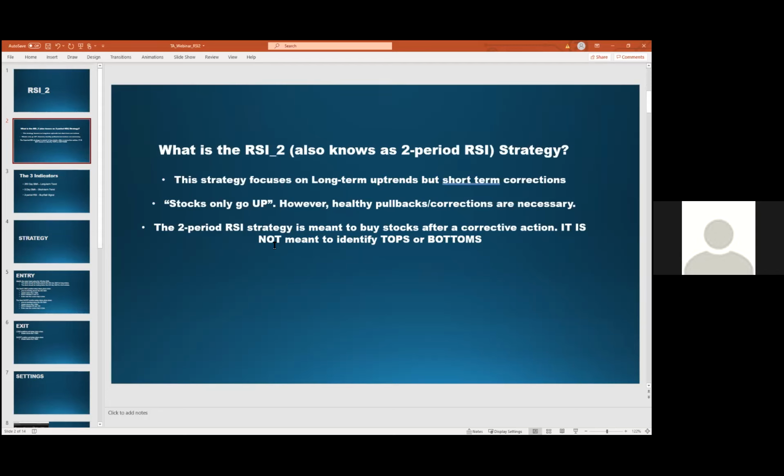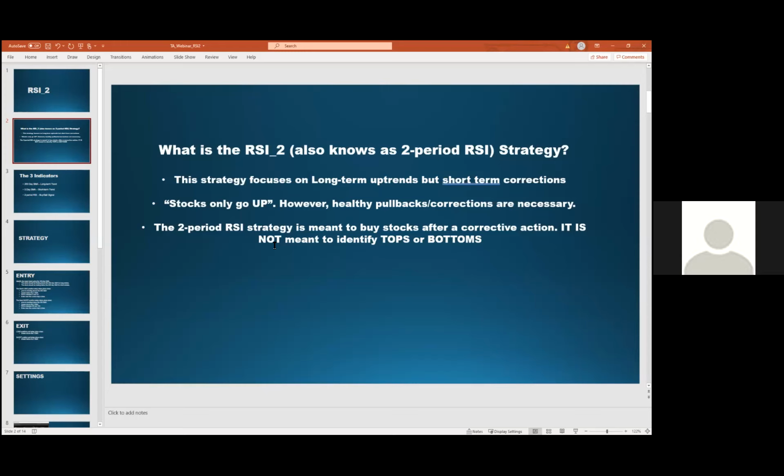Now, when stocks are in an uptrend, obviously you have to have a pullback because it's healthy. It's necessary for a pullback to take place for the stock to eventually run back up and continue its uptrend. If you don't have that pullback, eventually when you experience a massive drop, it's just going to be a disaster.